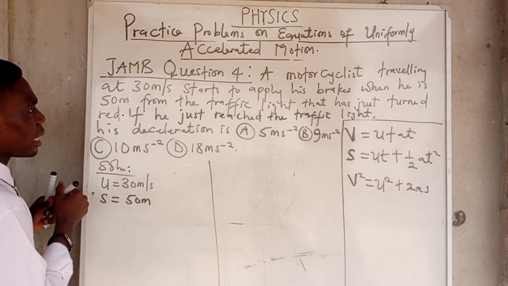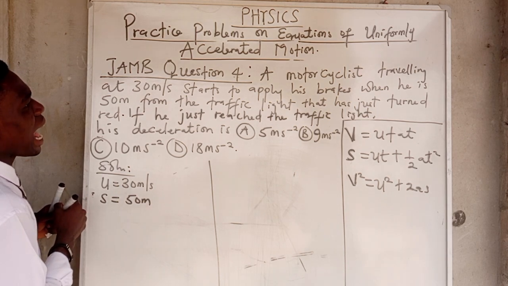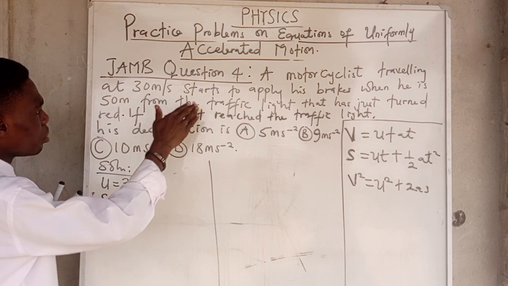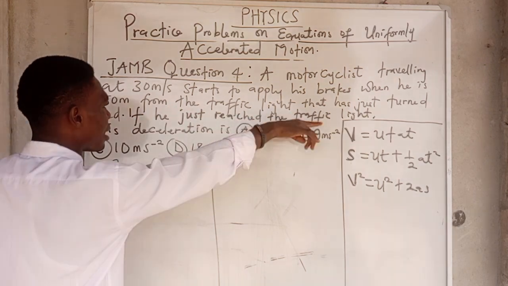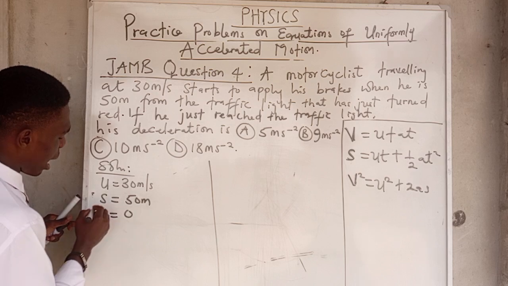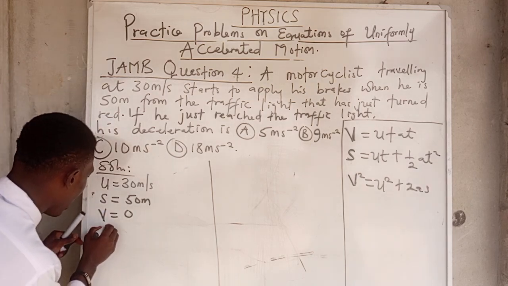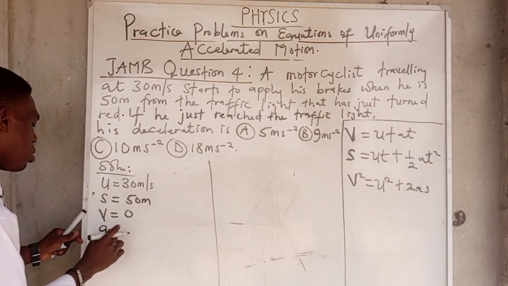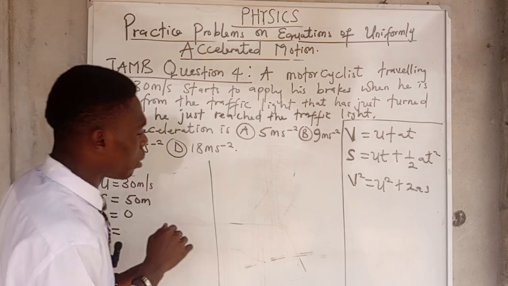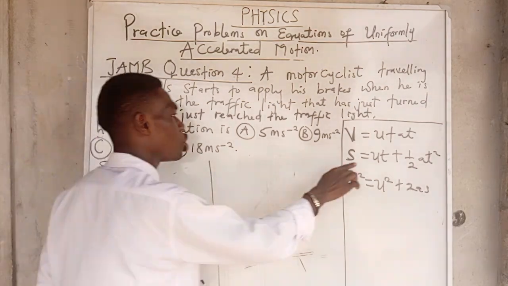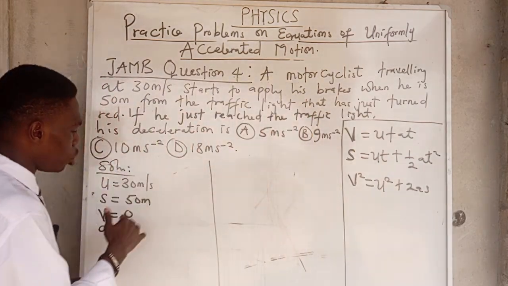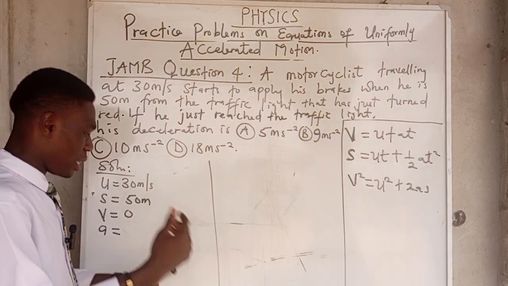All right, and then we are asked to calculate his deceleration. However, we know that he will reach the traffic light, that means he will stop. So v will be equal to what? 0. And the acceleration is what we are looking for. Note that the acceleration will be negative. When it has to do with deceleration, either you change these positive values to negative, or you just solve and you will get your answer to be negative.